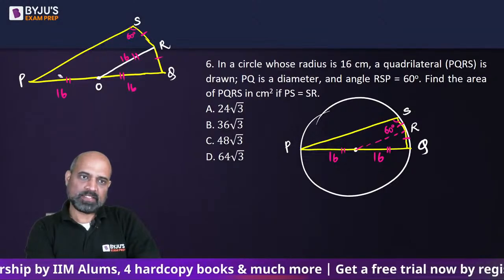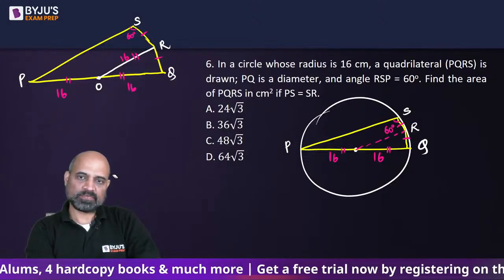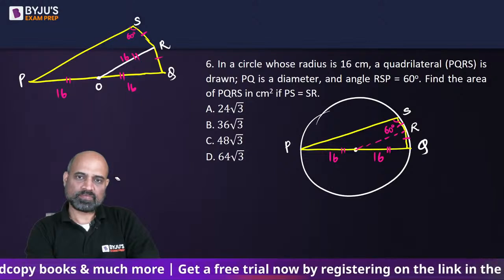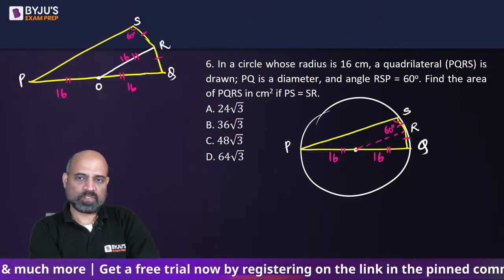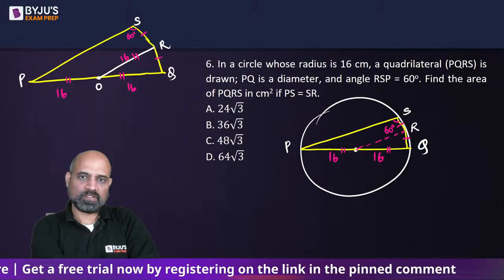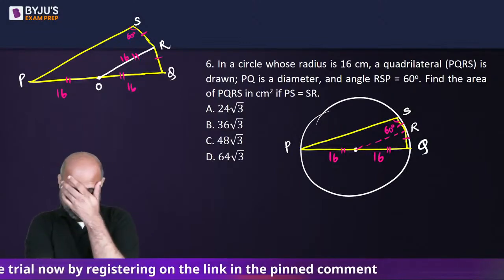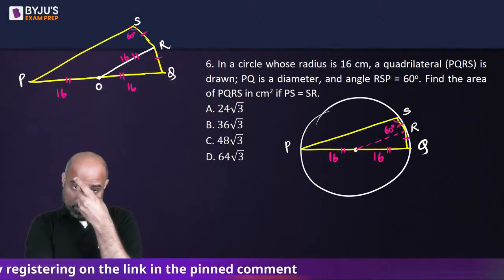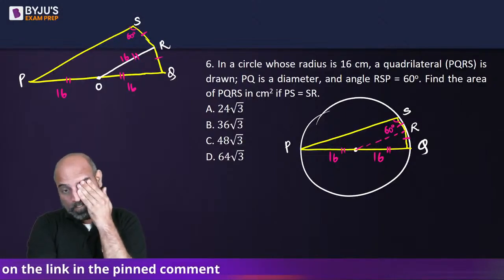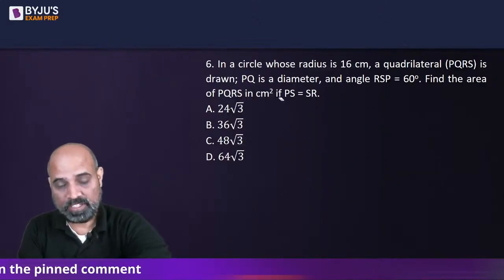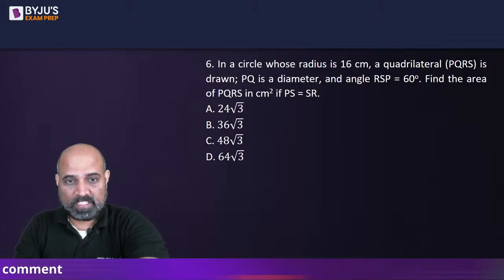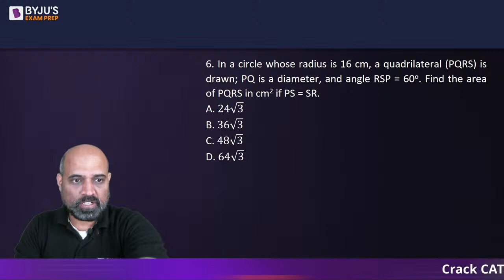That is 60 degrees. Oh, it says PS is equal to SR. Why did I not see it? Let me think what is the issue. Sorry. It says PS is equal to SR. Hold on. I'll do one thing. I'll draw a circle here.